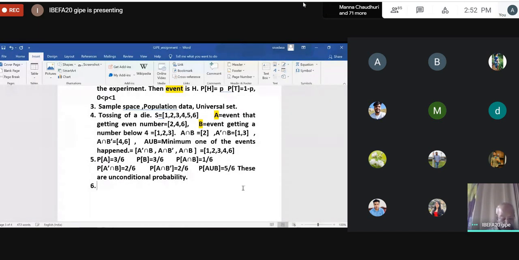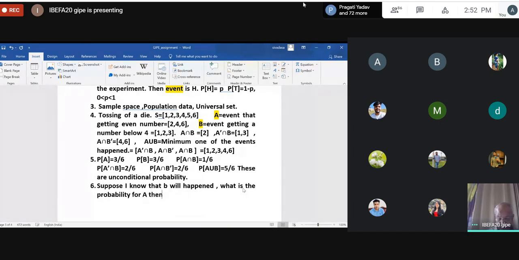Suppose I know that B will happen. What is the probability for A?